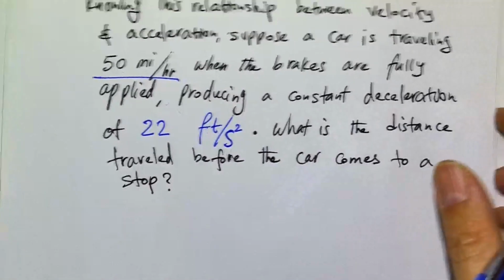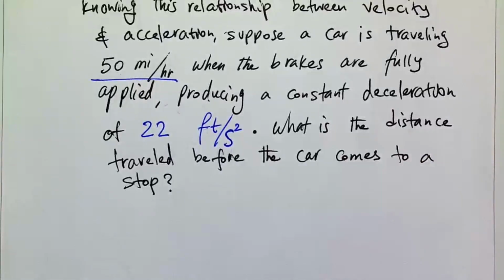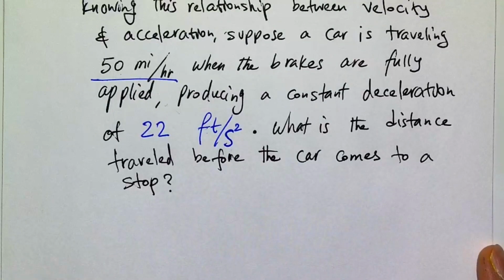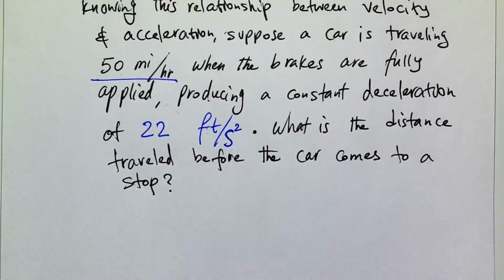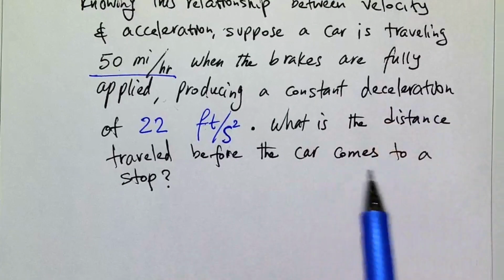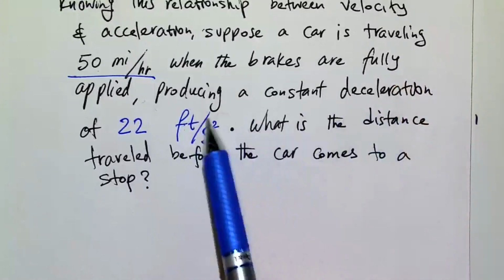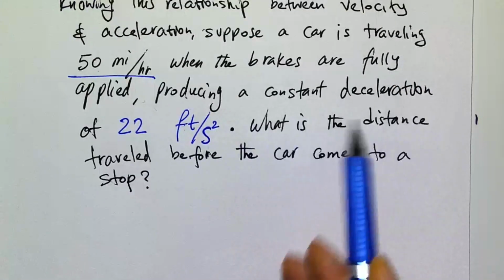Okay, so here's the information, and we want to find the distance traveled before the car comes to a stop. There is some very useful information provided to us: when the brakes are applied, they produce a constant deceleration.